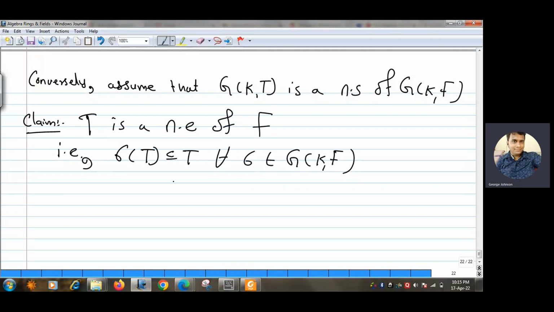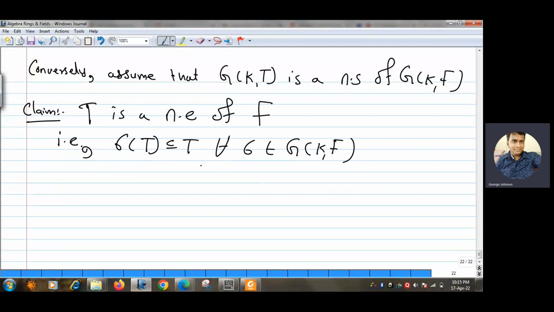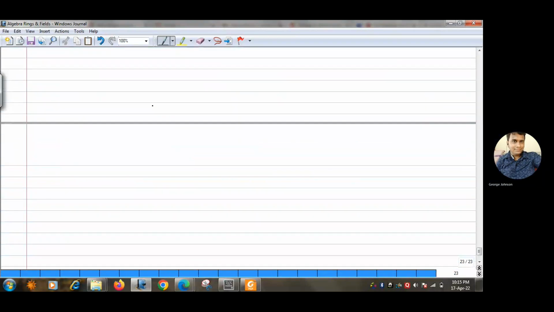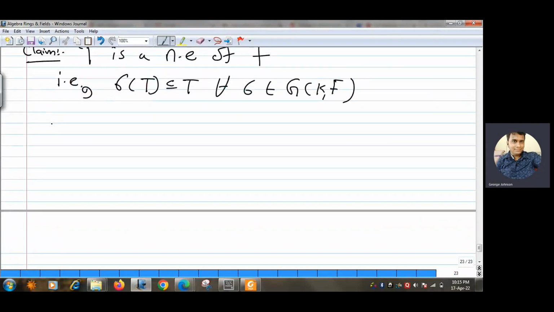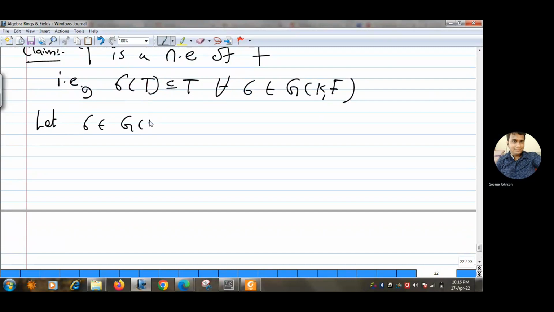Okay. Now I just need to prove this, that every element of GKF sends an element of T to T. Let us start with an element of GKF. Let sigma belongs to GKF. And let us start with an element of T also.